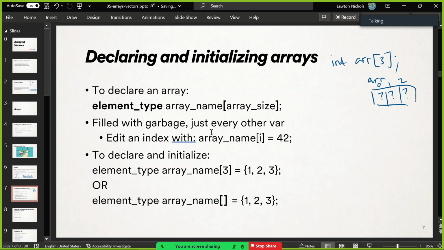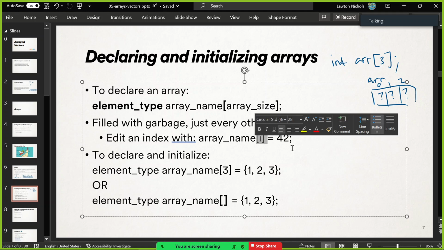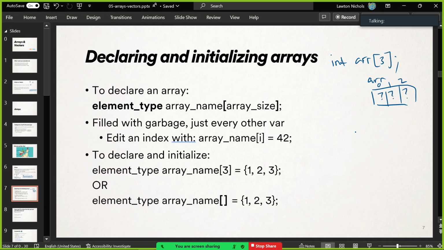If you would like to go somewhere and give it a value at a certain index, you say its name, and then you put brackets, and you put the index you want to visit on the left-hand side of an assignment, and then you give it a value. So if I wanted to set R of 0 to the number 1, I could do this: R of 0 equals 1. And that would change it to hold a 1 here.